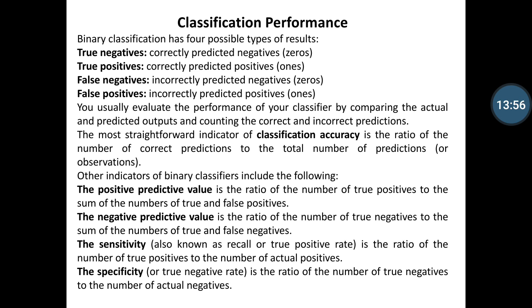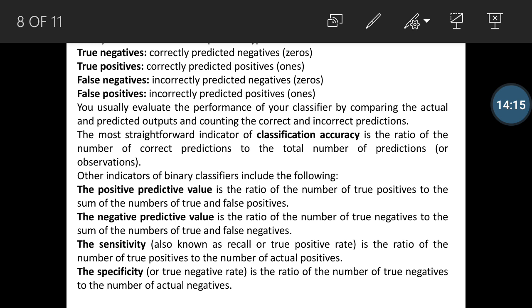The other indicators of binary classification include the following. The positive predictive value is the ratio of the number of true positives to the sum of the number of true and false positives. The negative predictive value is the ratio of the number of true negatives to the sum of the number of true and false negatives.